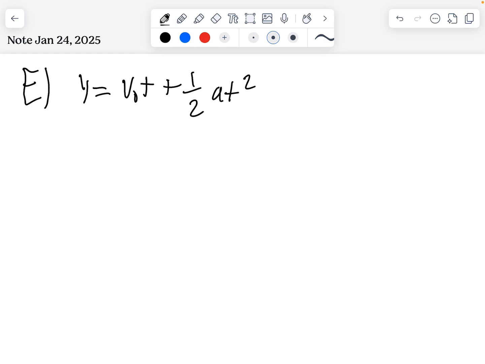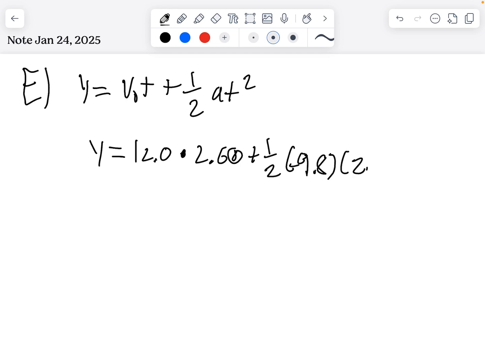We're just going to substitute all the numbers we already know: 12.0 times 2.60, plus 1/2 times negative 9.8 times 2.60 squared.